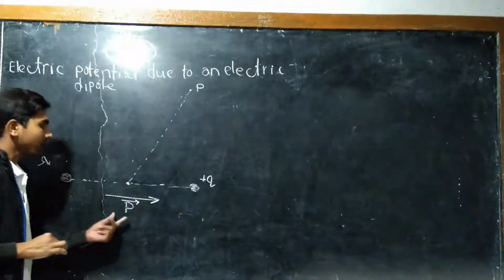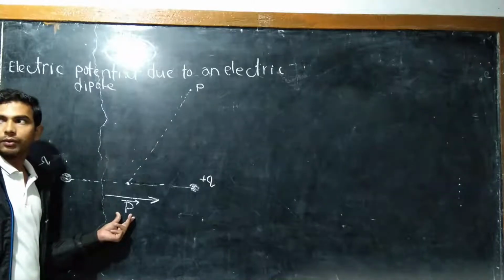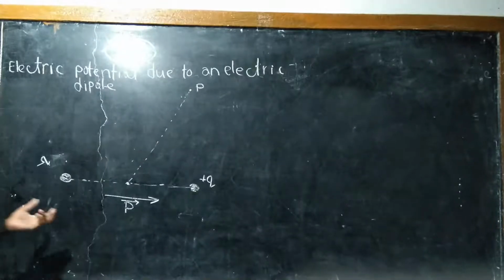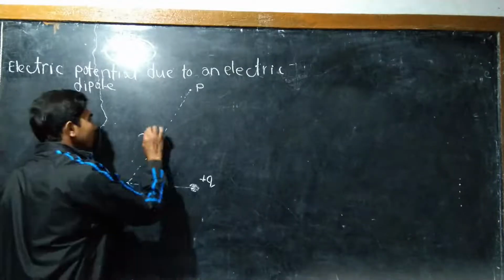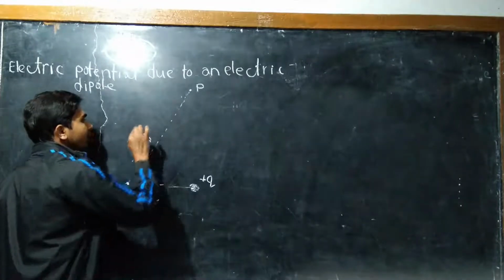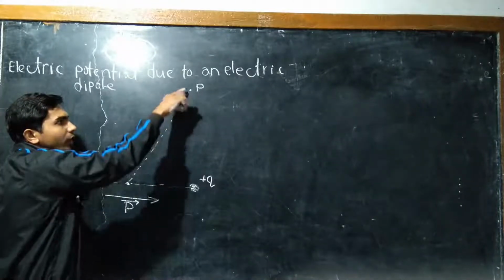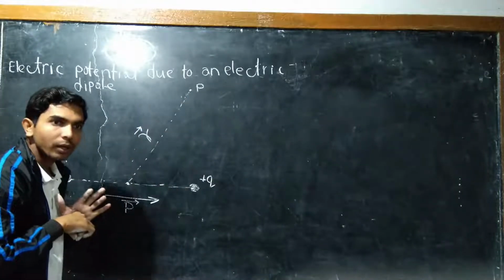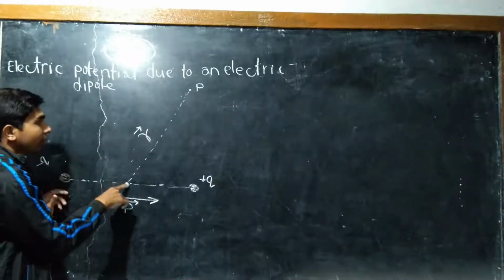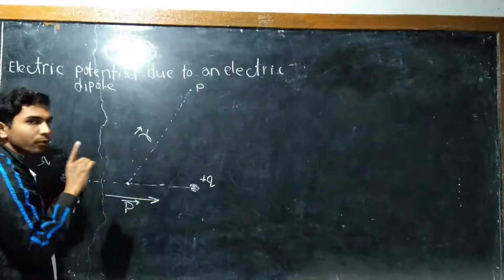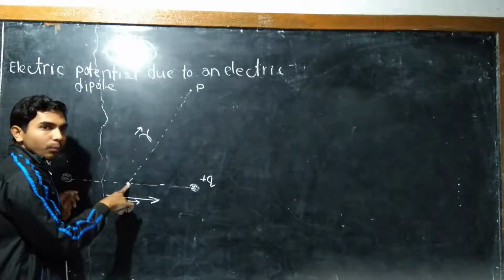Now this is dipole moment, right? The direction of dipole moment is negative to positive, right? And suppose this is an r vector, right? R vector is the position vector of that point at which we are going to calculate electric potential, right? Position vector with respect to the center of dipole, right?